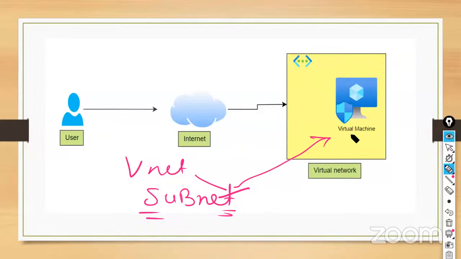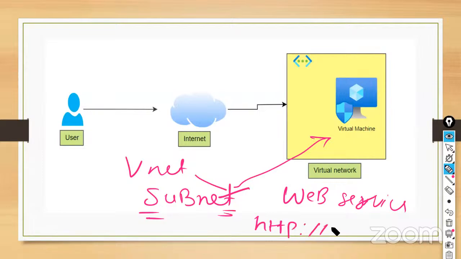Once the virtual machine is deployed, I'm going to configure a web service inside it, so that when you go to a browser and type HTTP, not HTTPS because I do not have that certificate, and then the public IP of your VM, let's say I got this public IP there, you will get some kind of response from the internet. That's what I'm going to configure inside my virtual machine. We call it a web service.